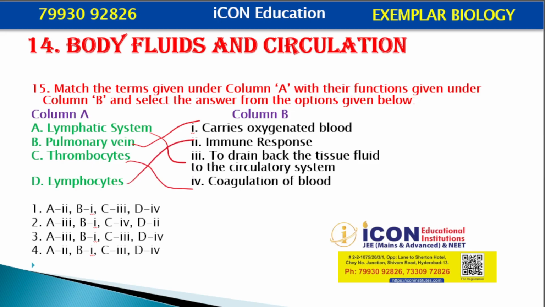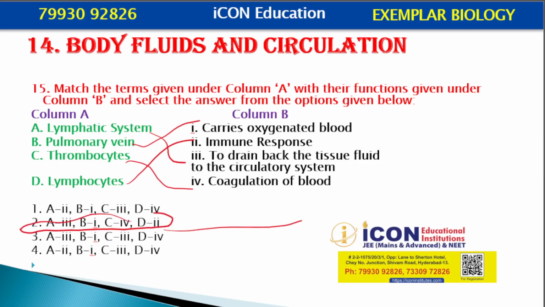Lymphatic system A3, B1. We run through the second and third options. C is the deciding factor. Thrombocyte, coagulation of the blood. C4, D2. So A3, B1, C4, D2. So what is our answer here? The second option is our answer.